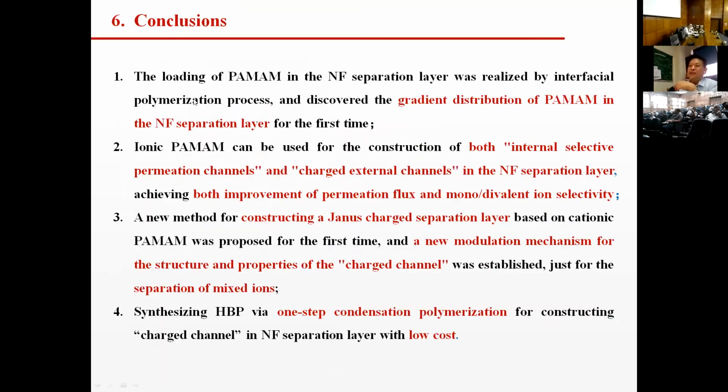So briefly, from the discussion above, we can conclude that the research on amino-based dendrimer nanofiltration membranes suggests a new route for charged membranes, and to overcome the higher expense of PAMAM, we can use a hyperbranched polymer in practical application to prepare applicable nanofiltration membranes, because the hyperbranched polymer could be prepared via a one-step polymerization process.